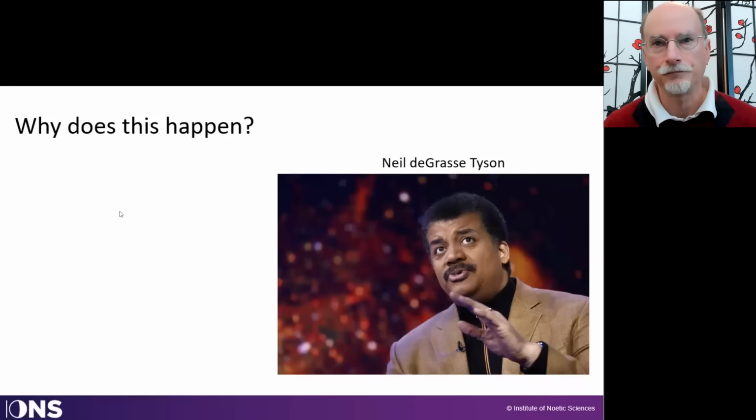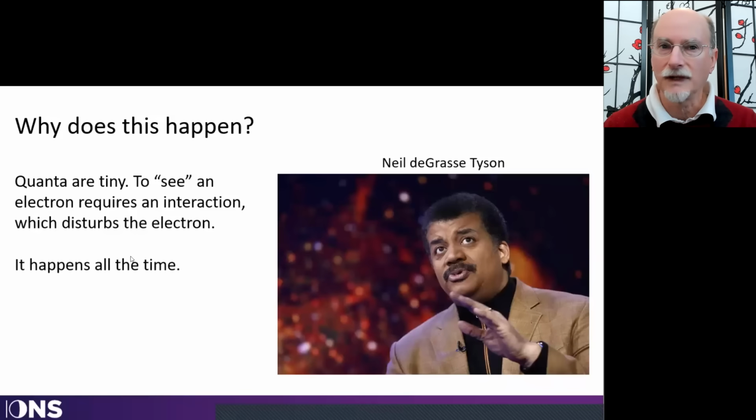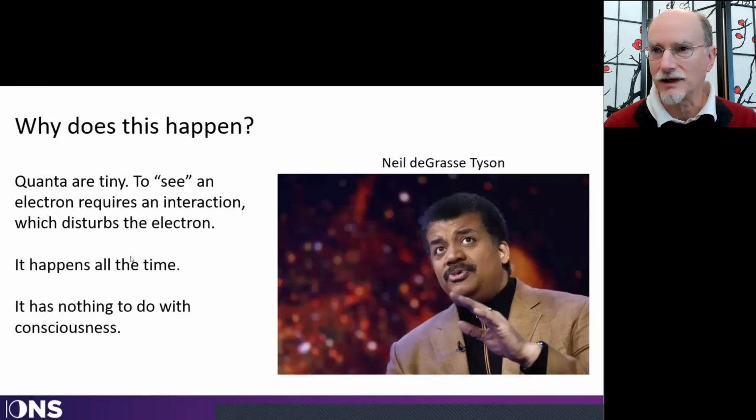What Neil would say is that the quanta are tiny. So to see an electron requires an interaction which would disturb the electron. You can substitute photon, atom, all kinds of elementary particles here. To see it requires an interaction, and that's happening all the time, and it has nothing to do with consciousness. So let's see him talk about this in a clip.